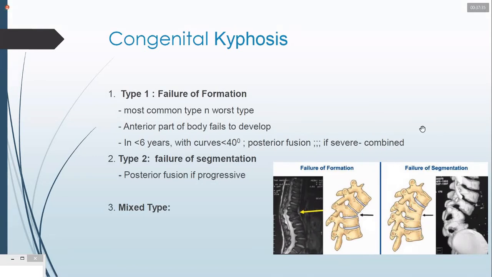In the normal developmental process, the vertebral bodies get segmented. When there is failure of segmentation in the anterior part, this fused part does not grow much, so only the posterior part grows and gives the kyphosis. And there can be a mixed type also.